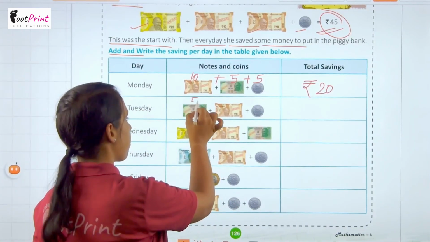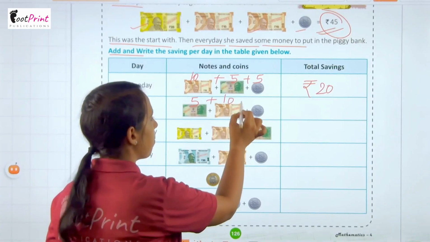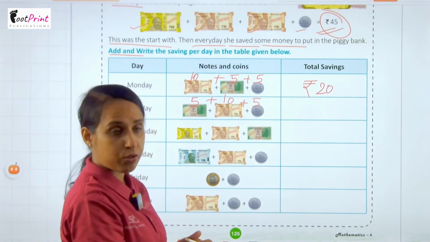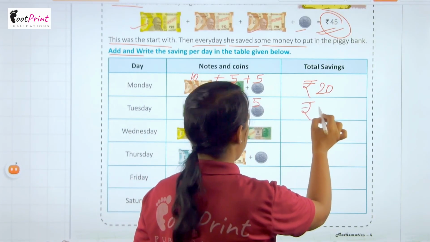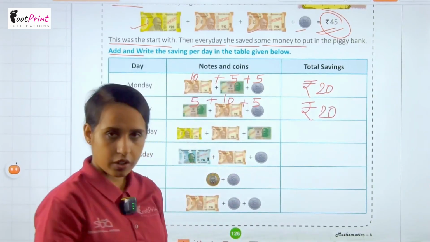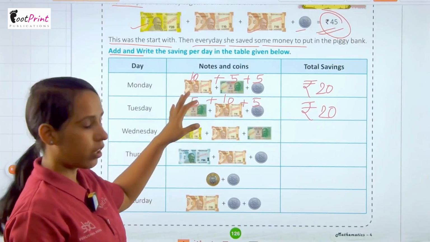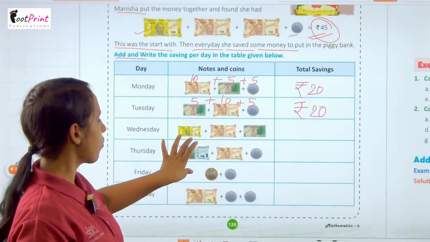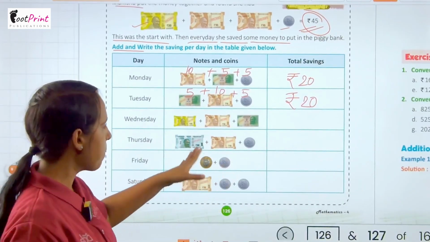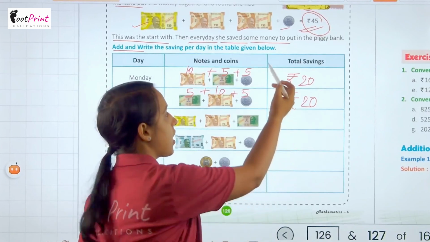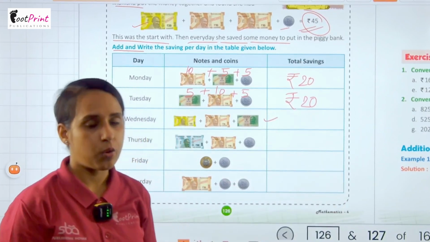Here we have 5 rupee, 10 rupee plus 5 rupee, that will be equals to also 20 rupees. Okay, in this manner you write. So in this manner you check the notes or coins here, and after totaling that here you have to write total savings.